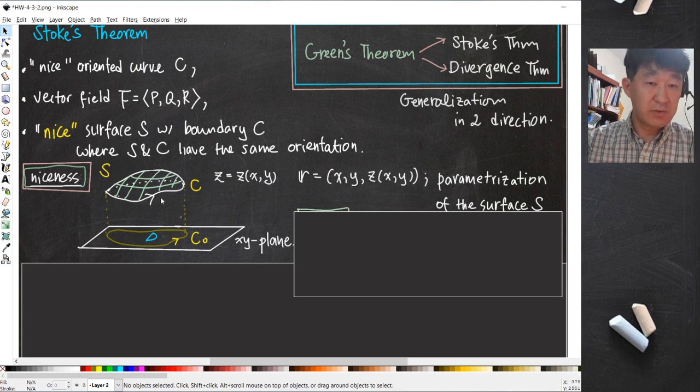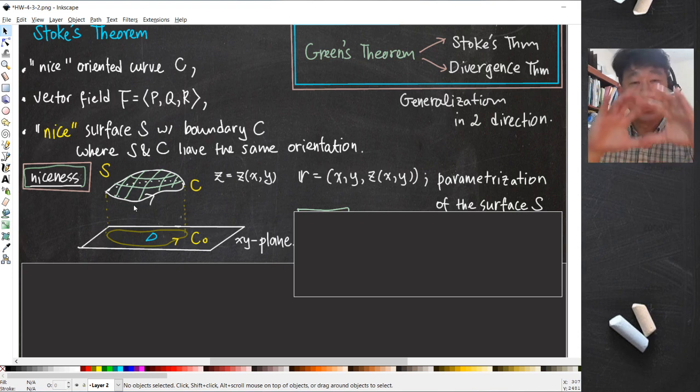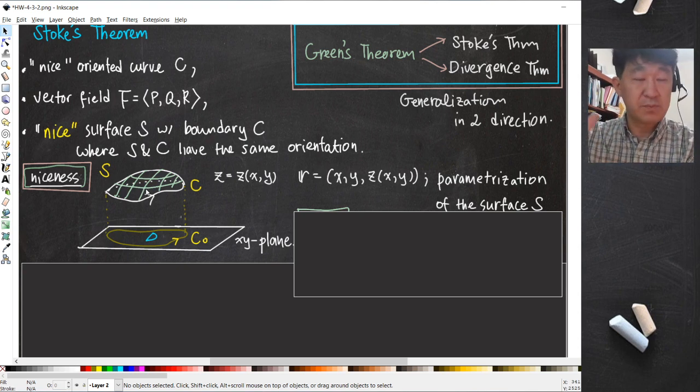Here it's a closed curve, and in between this closed curve there's a surface such that its edges are the curve we started with. The curve has an orientation, and the surface has two sides. Which way it points is called the orientation.